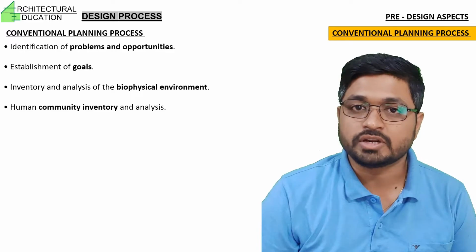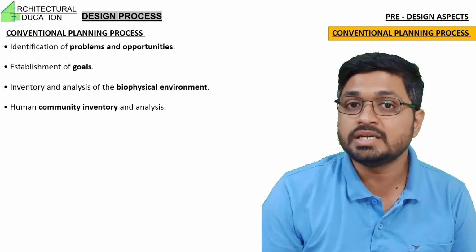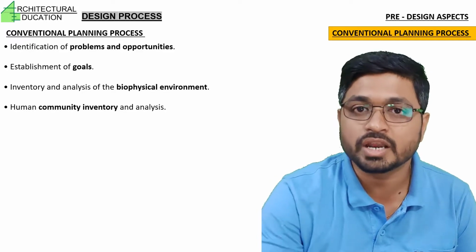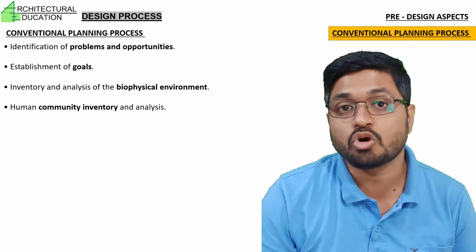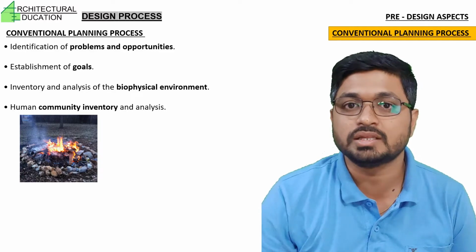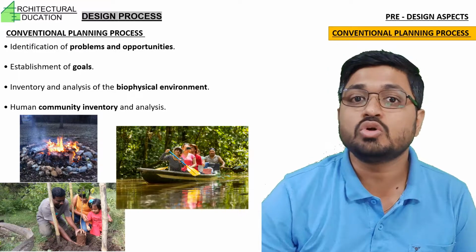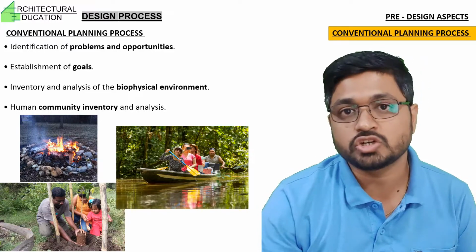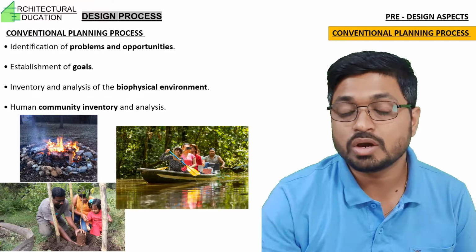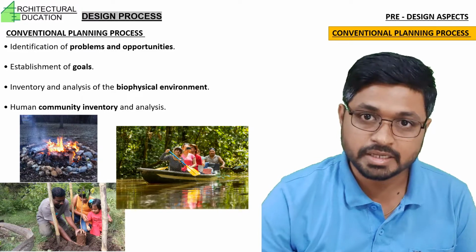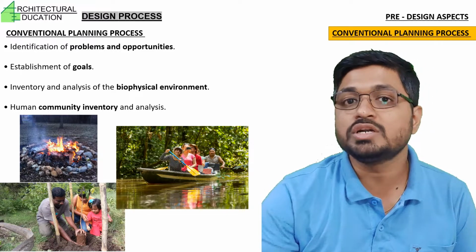Human community inventory. Now you have to understand what else the human community will require over there, for example bonfires, restaurants, and other things. A restaurant developed over there should not contradict the natural inventory, and an open air theater constructed over there should not disturb the landform.